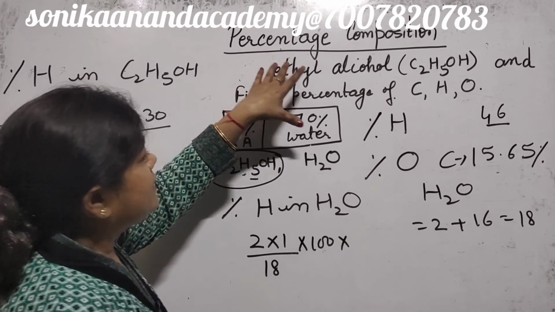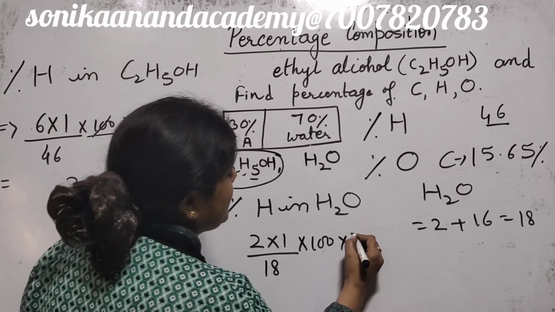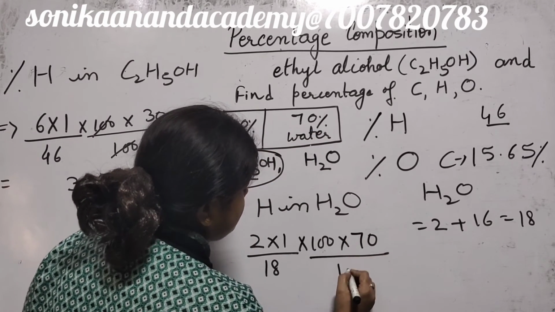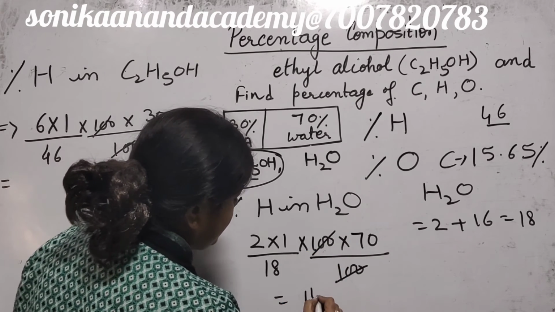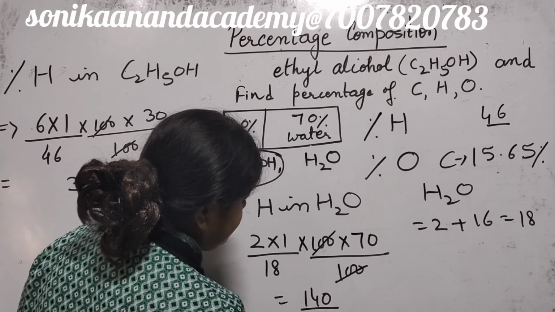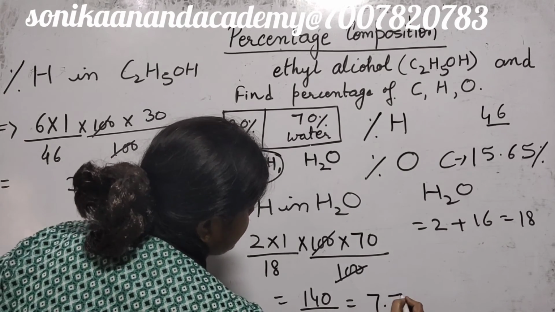Now, ethyl alcohol is 30% and water is 70%. So we multiply it with 70%. Get cancelled. 140 by 80. When you solve, you get the answer 7.78.